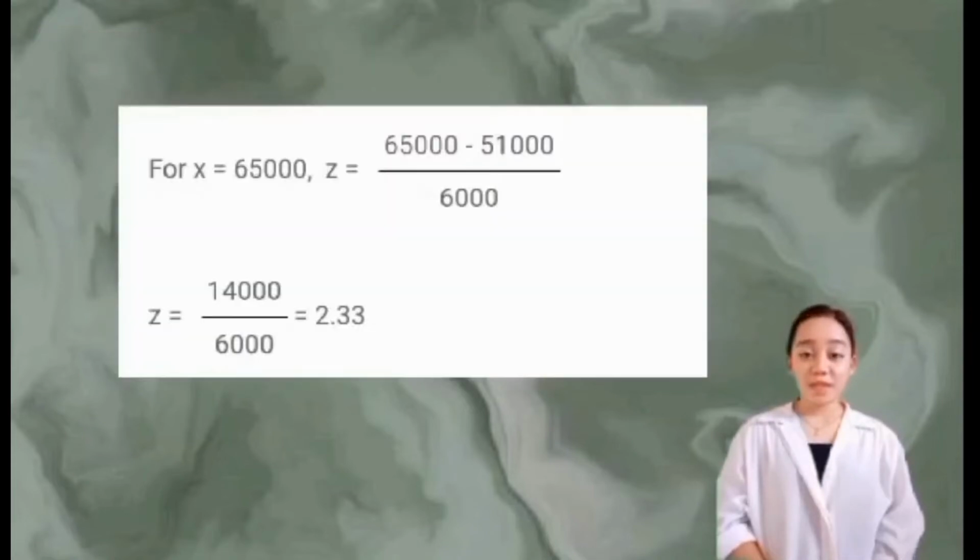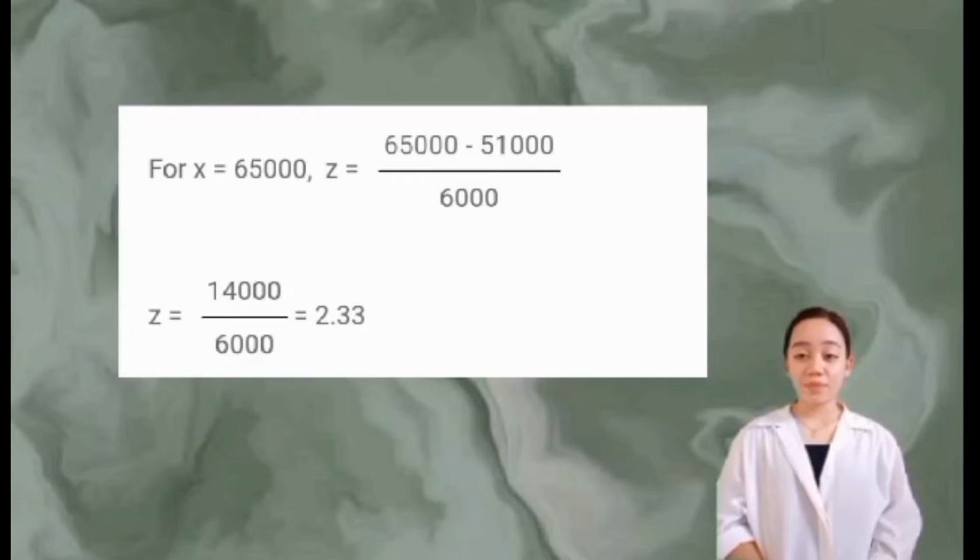Using our previous example, we will use that z-score to locate its percentage on the z-table. So our z-score is equal to 2.33. Since it is a positive z-score, of course, we will use the positive z-table.